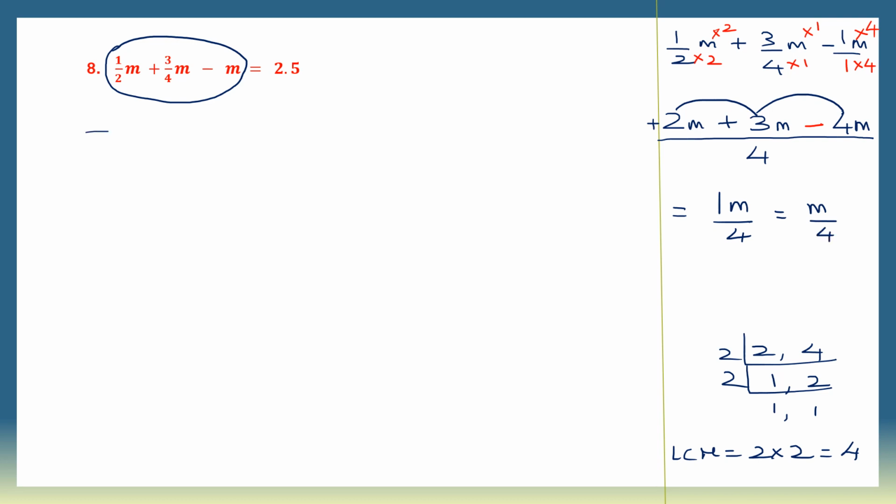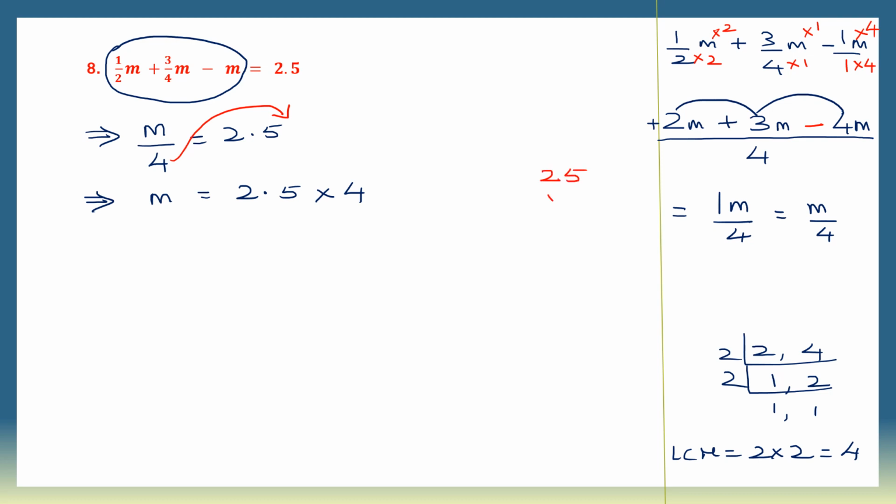So let's write down that here. So m by 4 equals 2.5. That means the value of m will be 2.5 into 4, because we have transposed 4, which is division, to the right hand side. It has become multiplication. Now let's multiply 2.5 into 4.